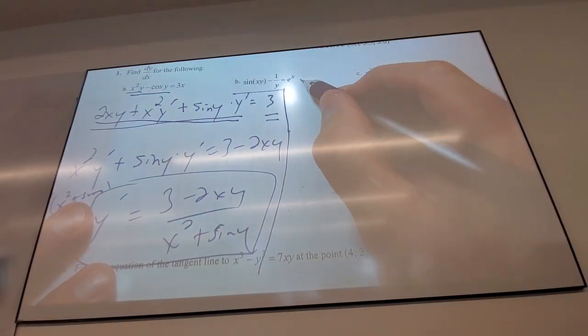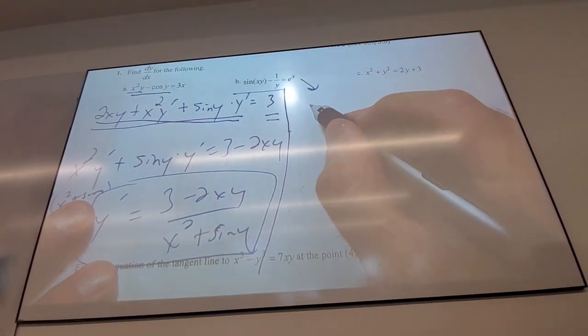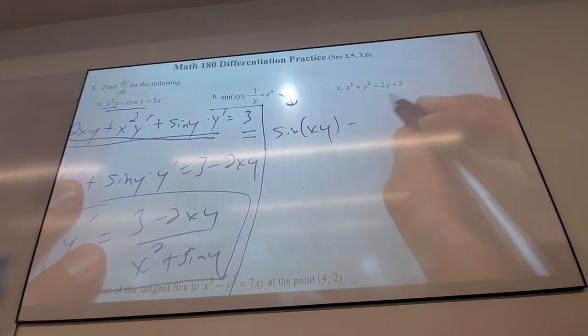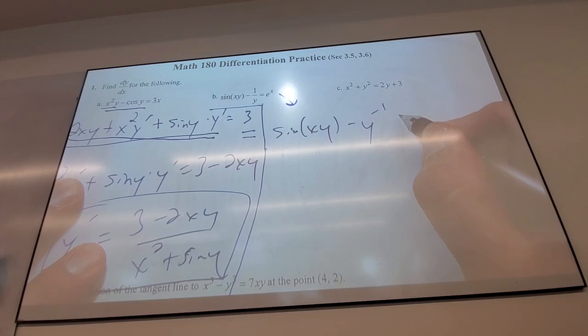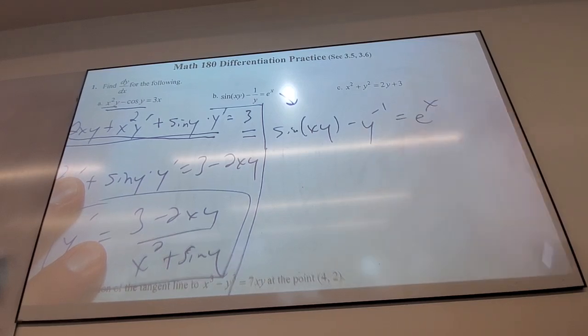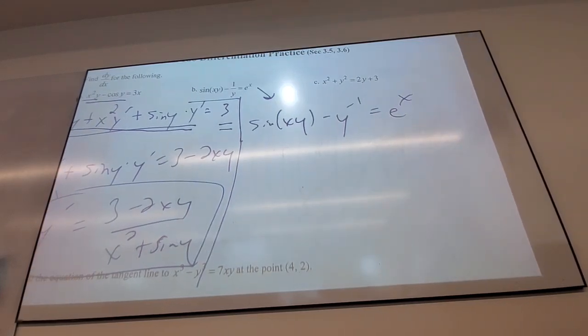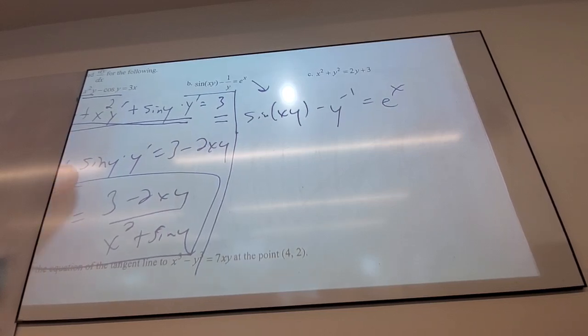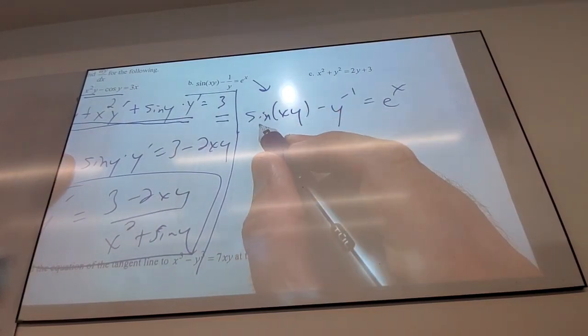So how should I rewrite this first before I do any derivatives? You want to move that. All right, just that. So how do I take the derivative of the sine of stuff?